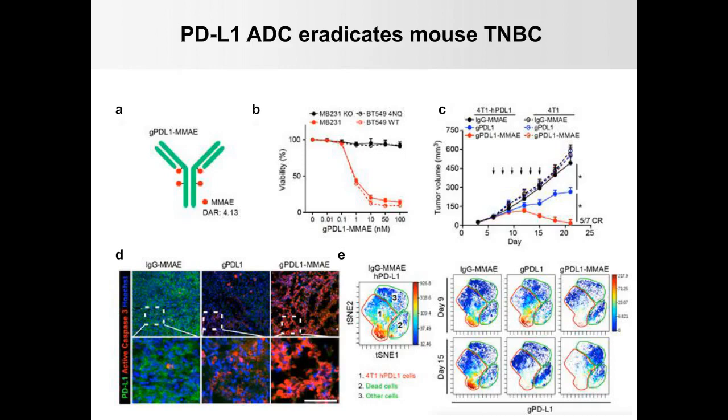In our conjugation, on average, there are 4 chemo drugs conjugated on our antibody. So we tested the efficacy of this antibody in vitro and also in vivo. We found out that only cells with PD-L1 expression can be specifically treated by this antibody.